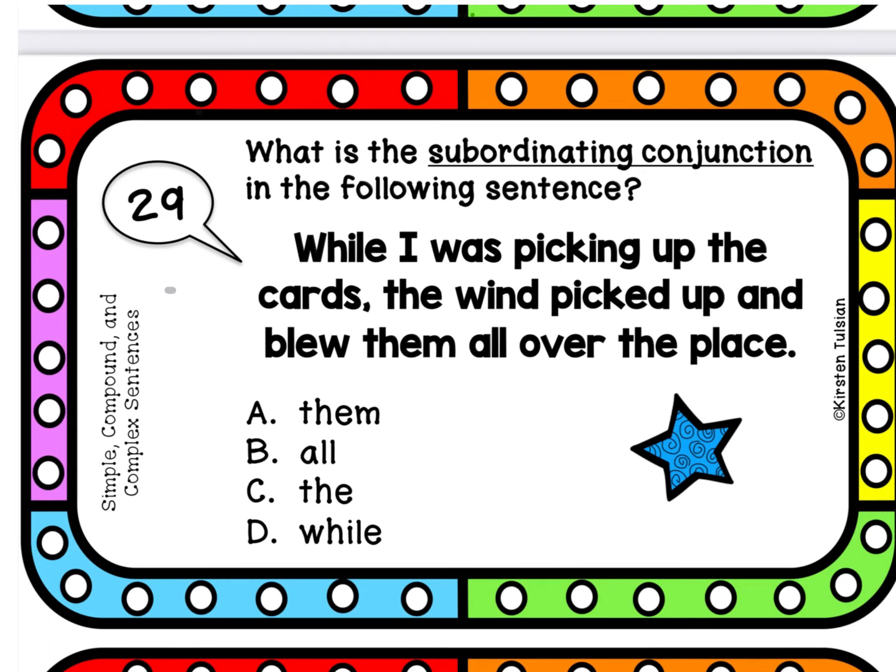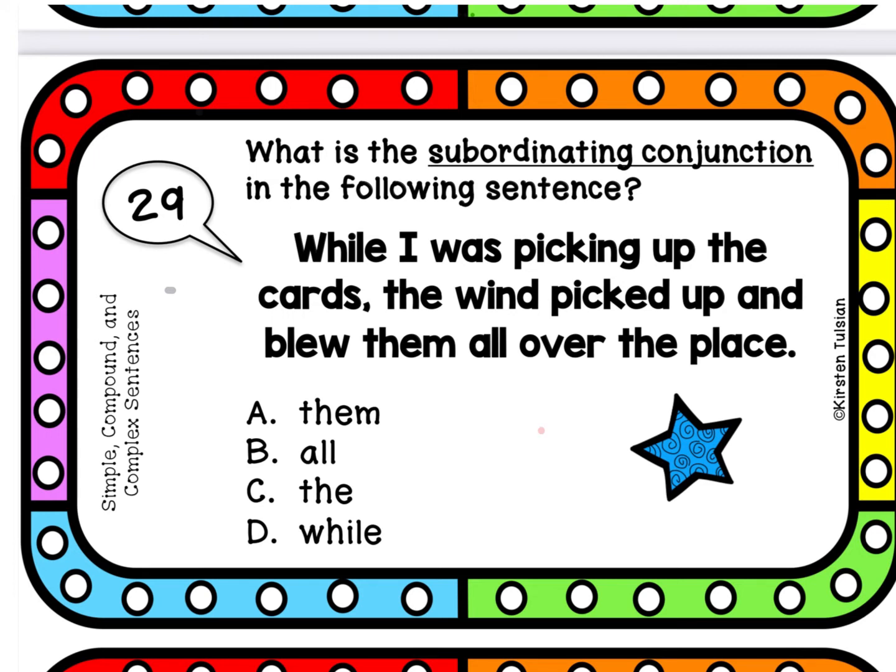So now we're going to practice finding one of those signal words or the subordinating conjunctions that we learned. So looking at this slide, we have a sentence. While I was picking up the cards, the wind picked up and blew them all over the place. We are looking for the subordinating conjunction.